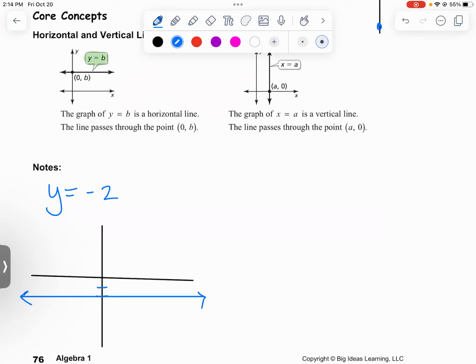Every single coordinate on this line has a y value of -2. Every single coordinate, right? This coordinate and this coordinate and this coordinate.